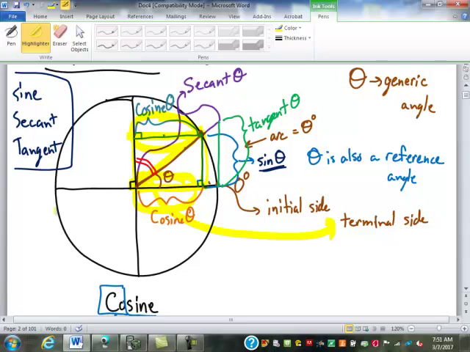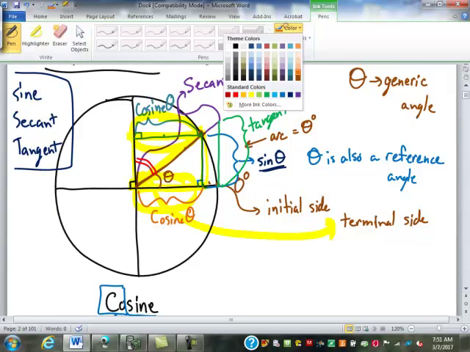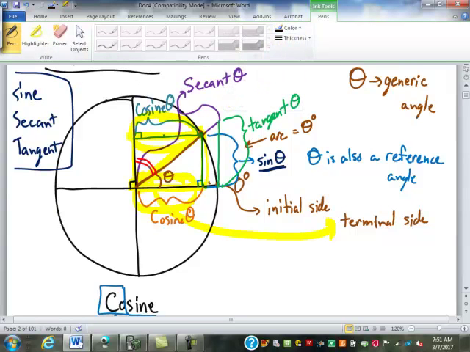Because of certain relationships that we're going to see in a little bit, we tend to use the cosine rather than the secant. But the cosine and the secant are actually very closely related. Any questions so far?